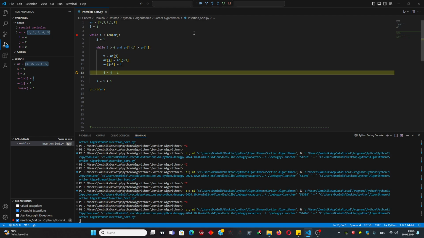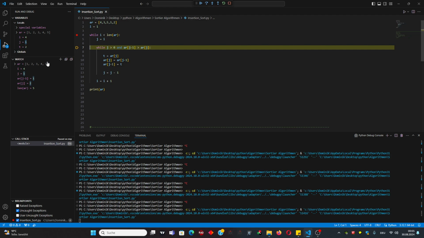Now the numbers are sorted and the whole list is sorted. We decrease J by 1. And again, J is still holding a higher value than 0. And we compare again if AR[J minus 1] is higher than AR[J], but that is not the case.